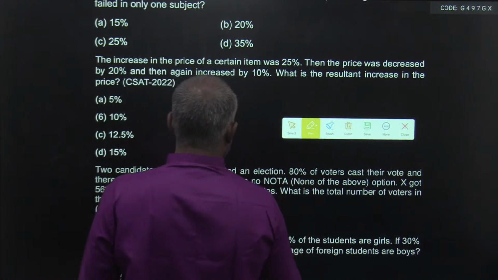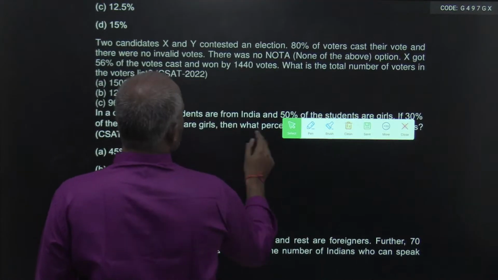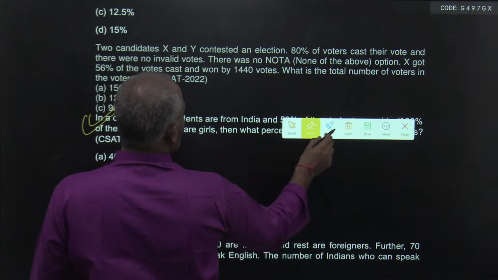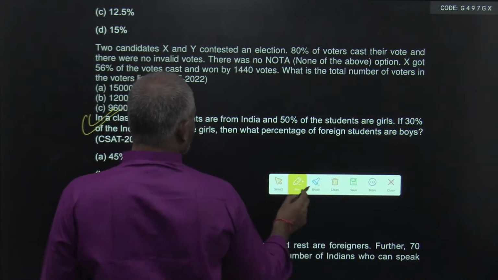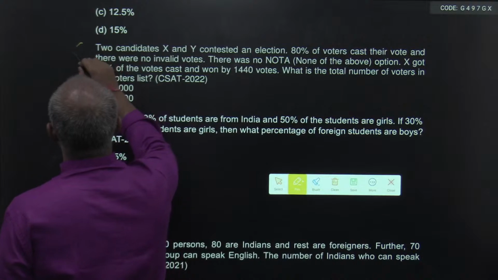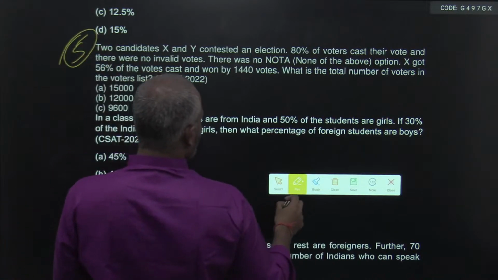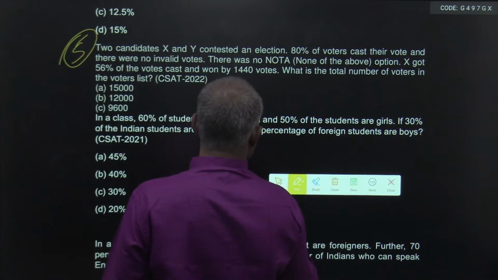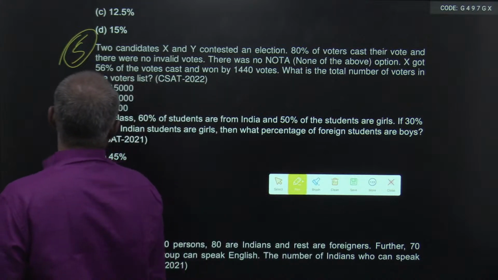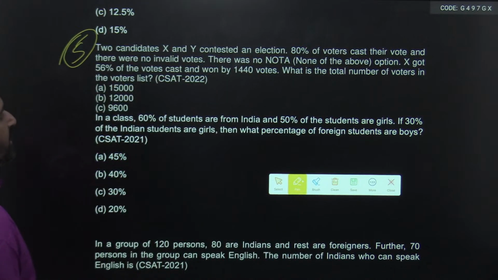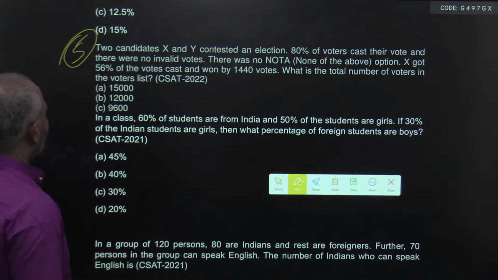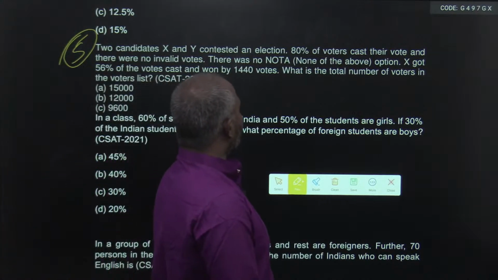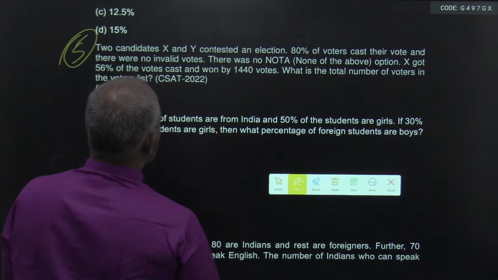Now, next one, election kind of problems. Two candidates X and Y contested an election. 80% of the voters cast their vote and there were no invalid votes. There was no NOTA option too.